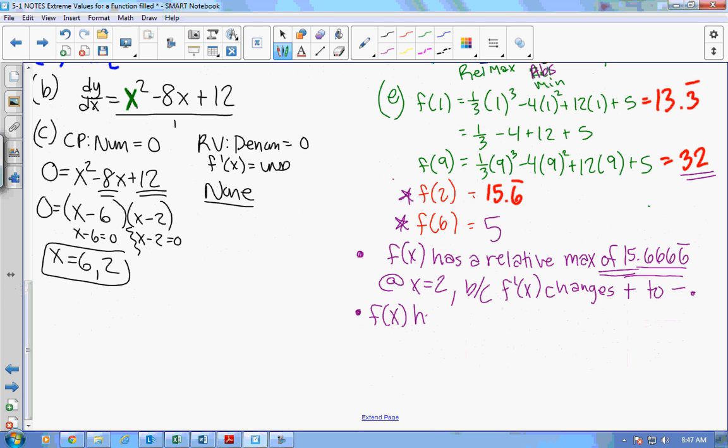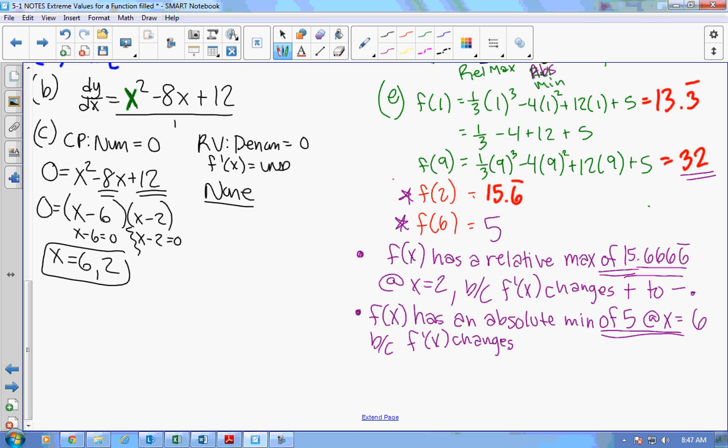F of x has an absolute, you have to say absolute, minimum of what? Of 5 at x equals what? 6. So we'll practice saying this phrase over and over. Because, how can you prove that you know that? Changes from negative to positive. And how can you prove that it's not just a relative?